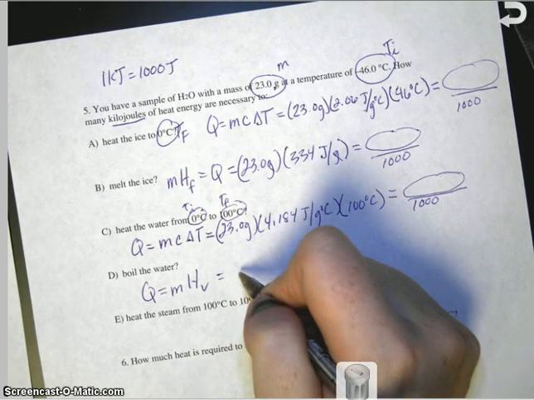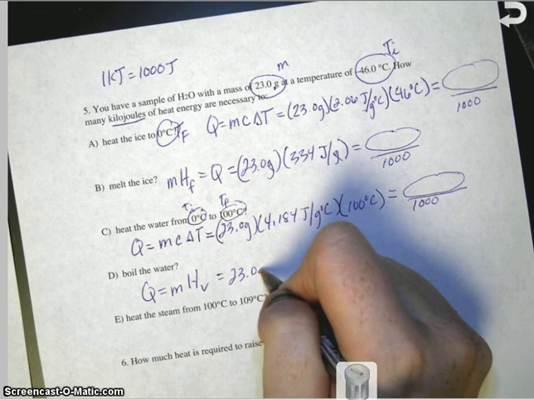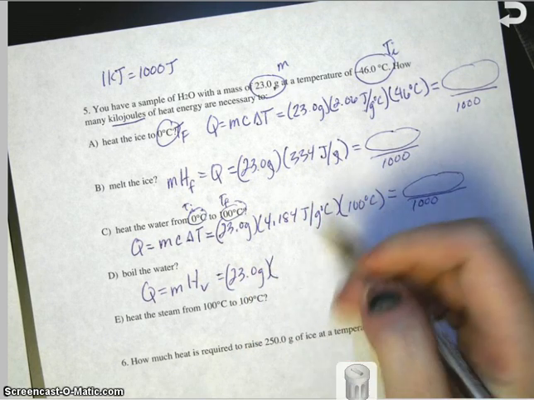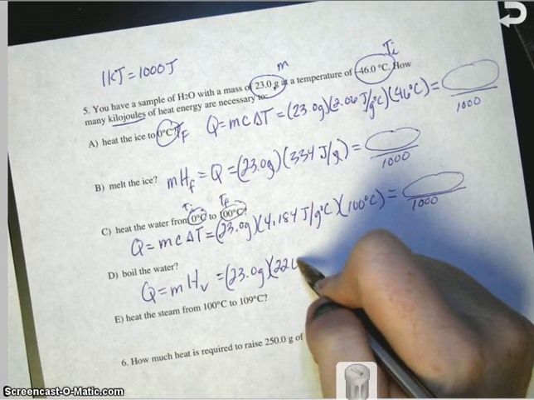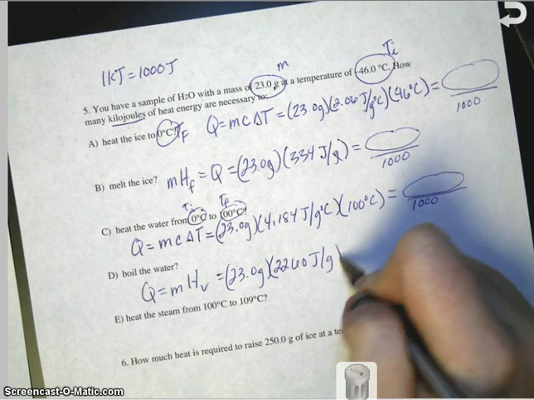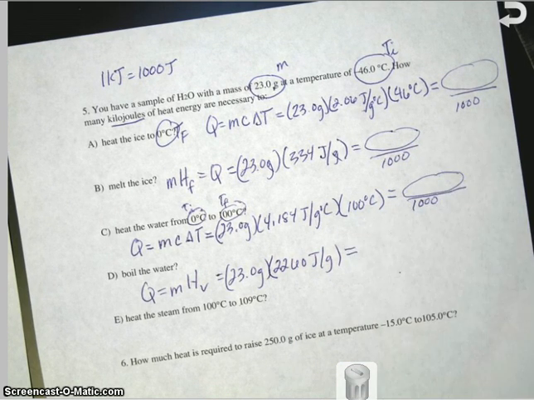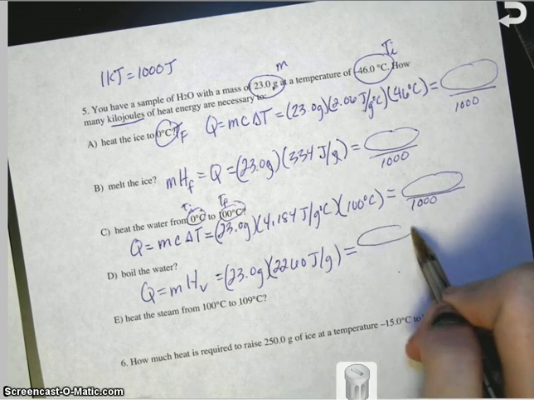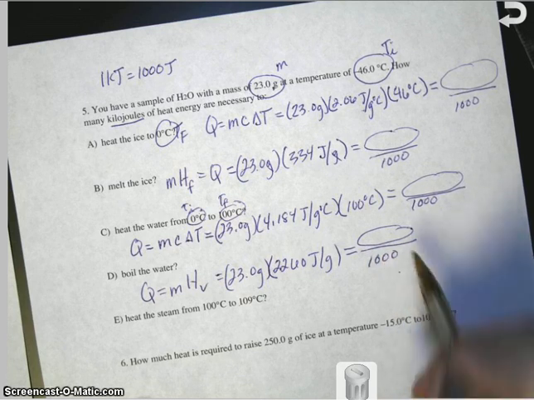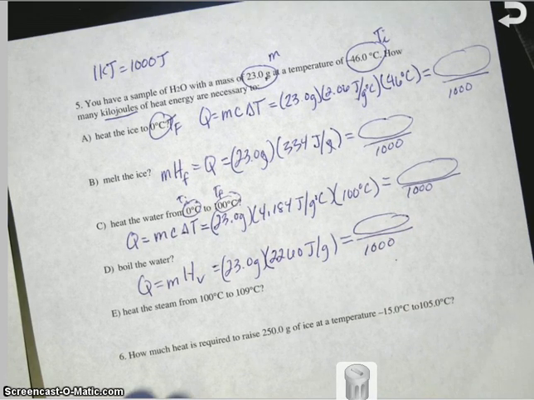If I plug in my values for that, I have 23.0 grams times my heat of vaporization, so 2260 joules per gram. Multiply that together. When I get my answer, to get it into kilojoules, I need to divide it by 1,000 and then calculate my correct number of significant figures.